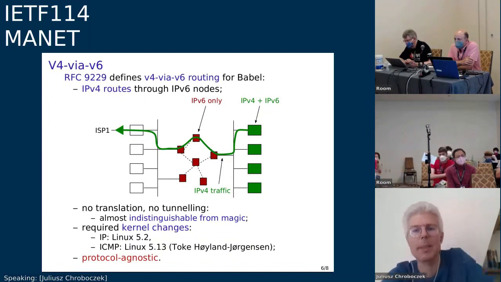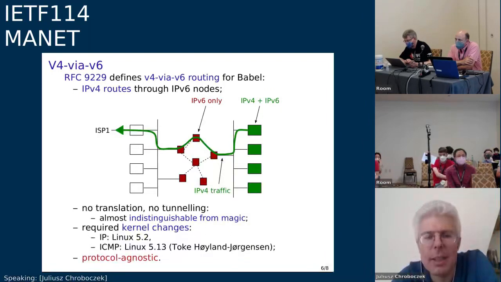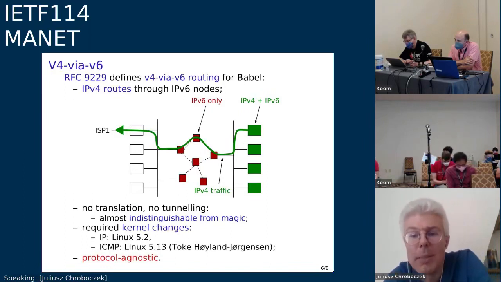We've had some comments saying it's pretty cool to have more routes, but other than that, everything seems to work. It does require kernel changes. The kernel changes for IP were done in Linux 5.2, and Toke Høiland-Jørgensen implemented the changes for ICMP in Linux 5.13, so the implementation will disable it if your kernel is too old. And again, that's something that's completely protocol agnostic. It has some very nice features and can be generalized to other routing protocols. Next, please.